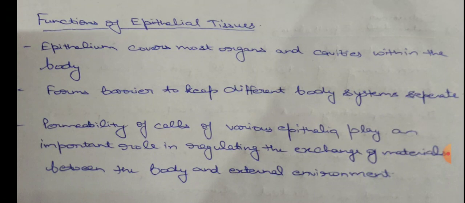We will study different kinds of epithelial tissues, which may differ in permeability. So how the transport of a substance is done also depends on the epithelial tissue, because they form the outermost boundary, and if anything has to go out of the cell, it needs to cross that boundary. And since it forms the covering of most organs, it also serves the function of protection. Clear, students, about epithelial tissue?